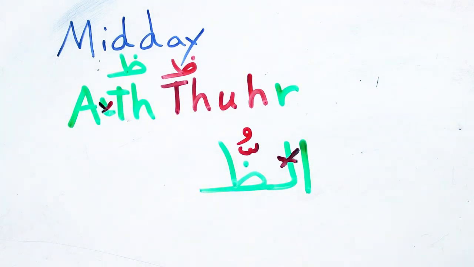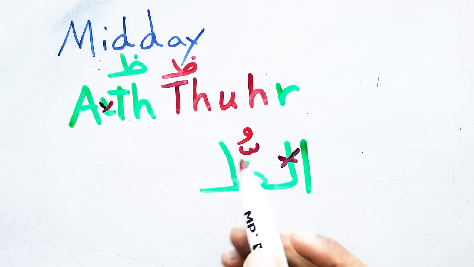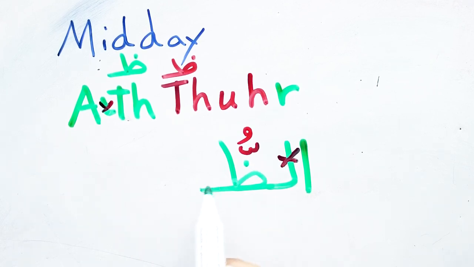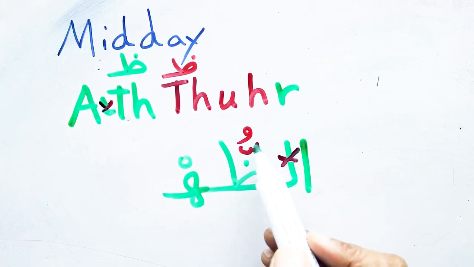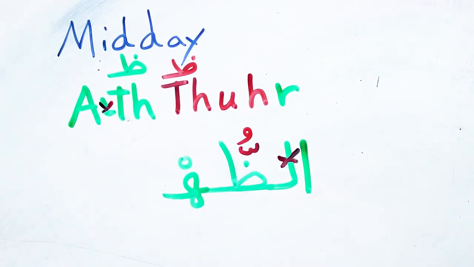Okay. So let's add ha. Let's add it in green. Actually, we have two syllables here, as here, al-dhuh. But because we have here this shadda, it confused us a little bit. And then in the end, we have ra.